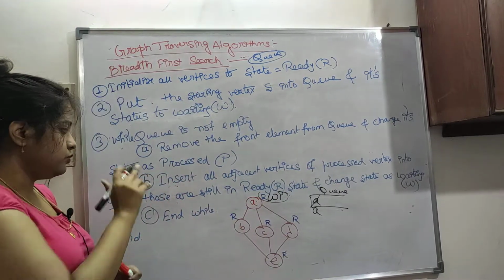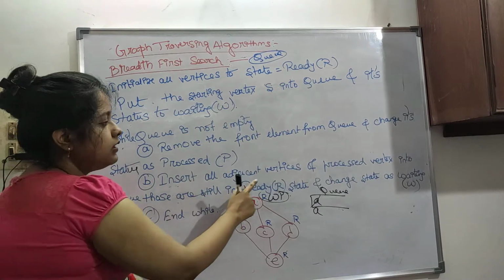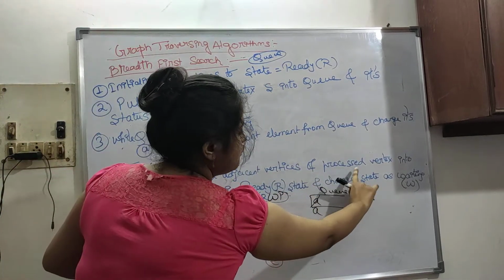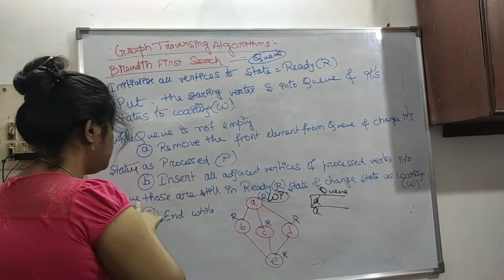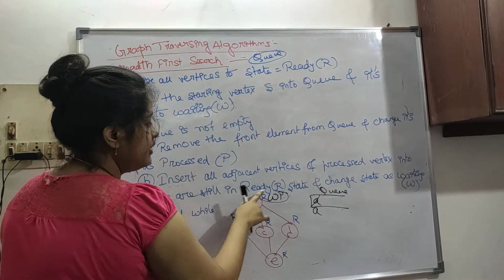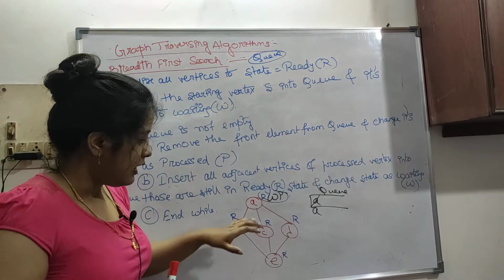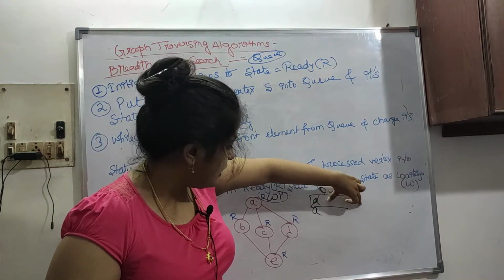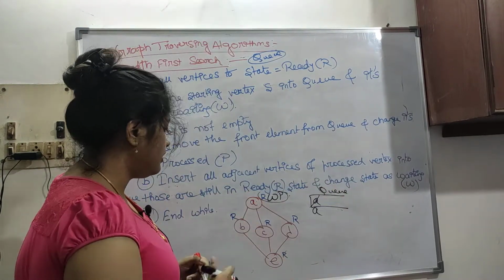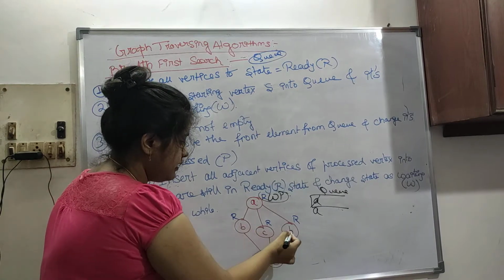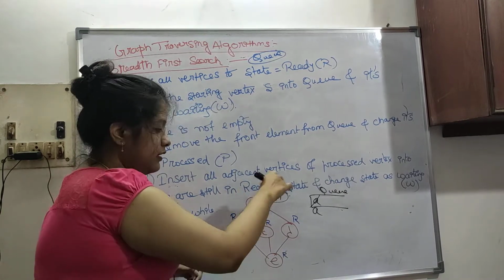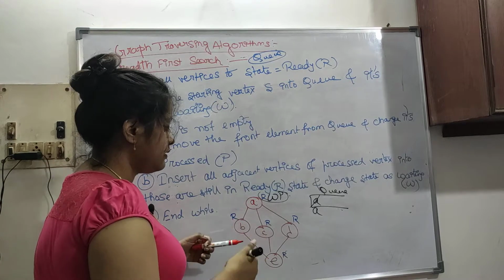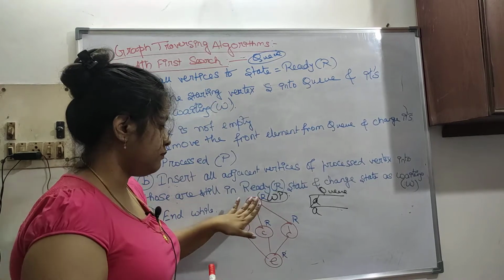Now step B: insert all the adjacent vertices of the processed vertex into the queue, those that are still in the ready state. So what are the adjacent vertices? B, C and D. Adjacent means those which are connected with the node.